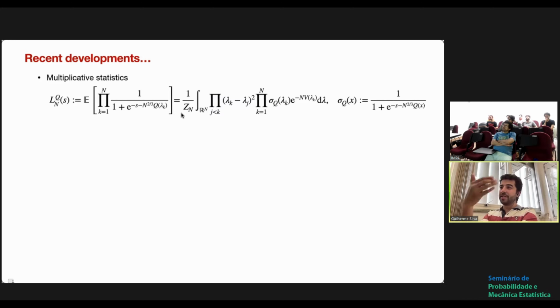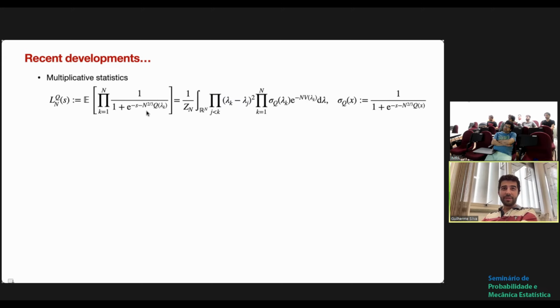So before, I talked a lot about the largest eigenvalue, or the central limit theorem for the largest eigenvalue in the random matrix model. But now I want to look at another quantity, which is actually this kind of multiplicative statistics.